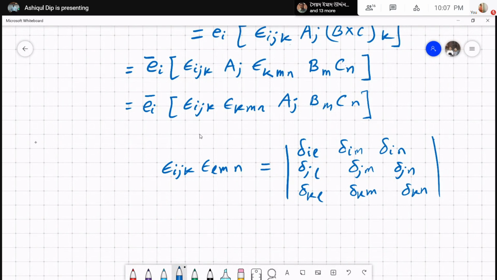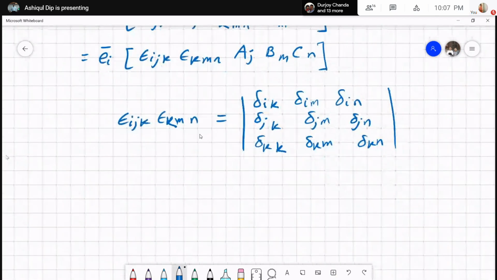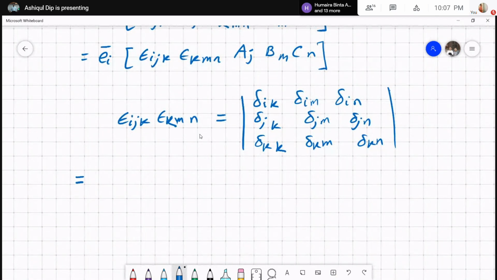So now we set l equal to k, and I'm using repeated index notation. Then this l becomes k, this l becomes k, this l becomes k.